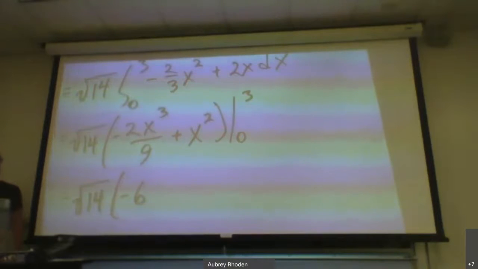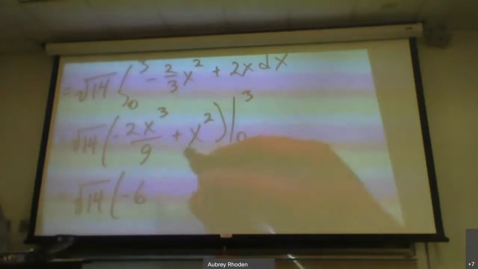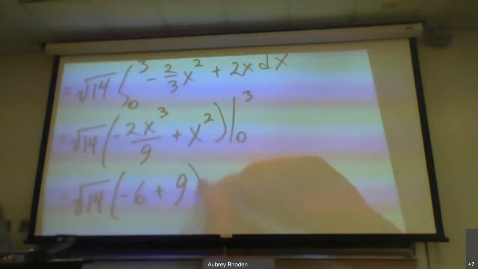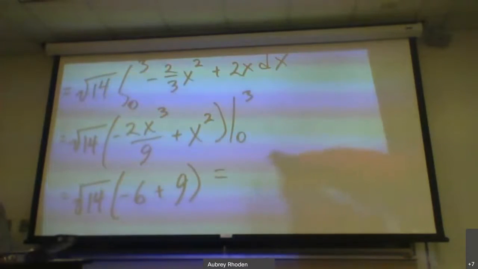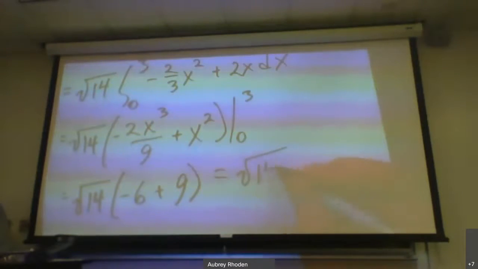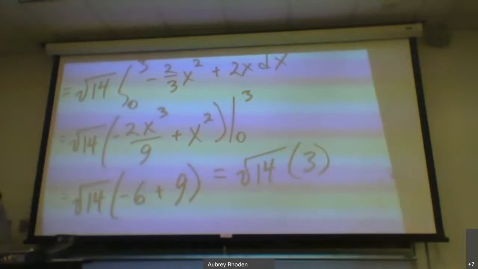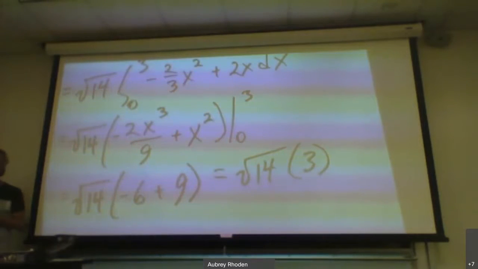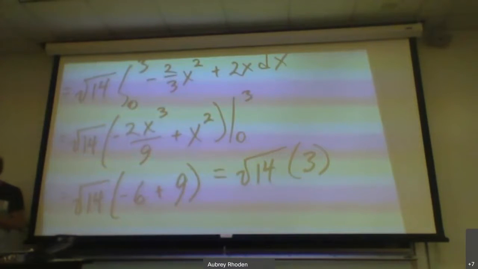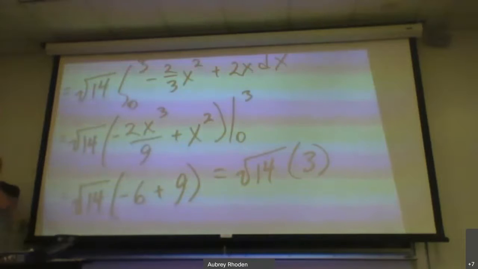And then 3 squared is, 3 times 3 is just 9. And so the answer ends up becoming the square root of 14 multiplied by 3. And so that's surface integrals with respect to just x and y, z being a function of x and y.